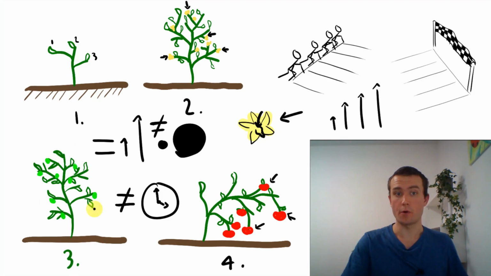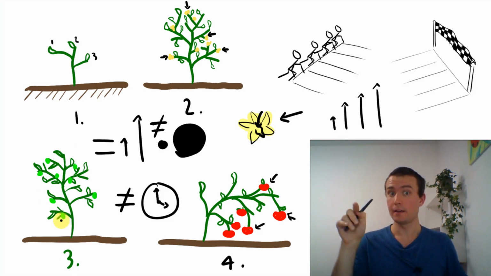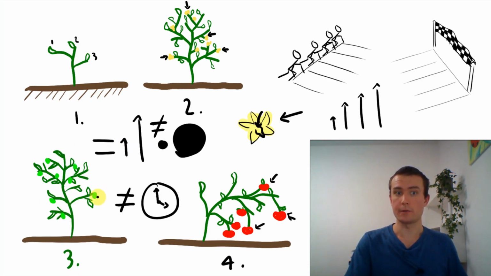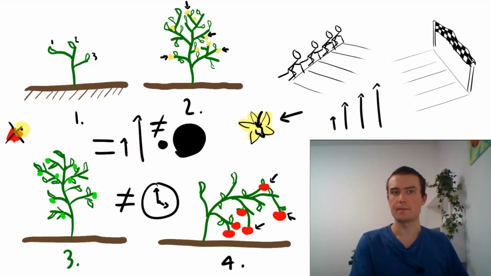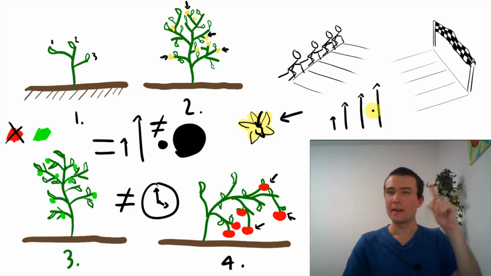In the third drawing, you can see the tomatoes, but they're not red. They're green. Green tomatoes. The tomatoes are green because they haven't finished growing.